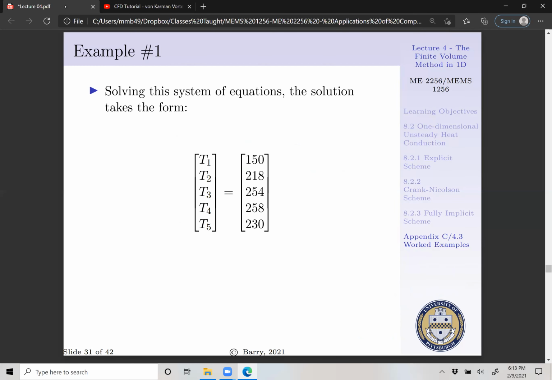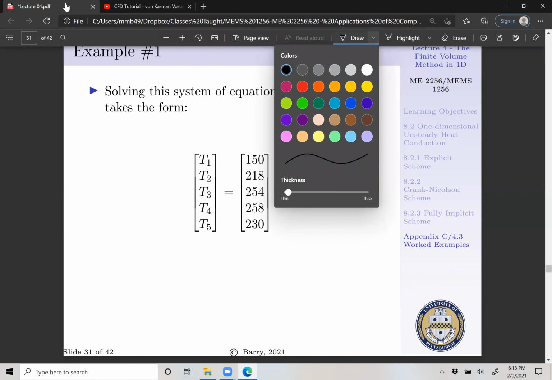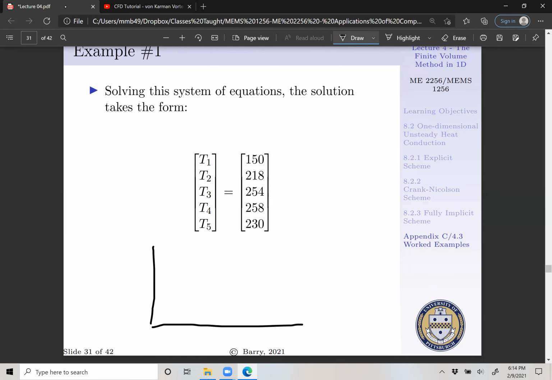So if we solve this, what we're actually going to see, and I will try and make a decent enough plot for this. This is our temperature. Our left-hand side was held at 100. Our right-hand side was at 200. So our first cell entry is 150. Our second is 218.